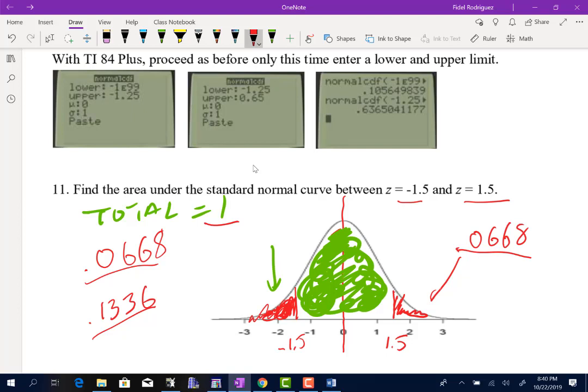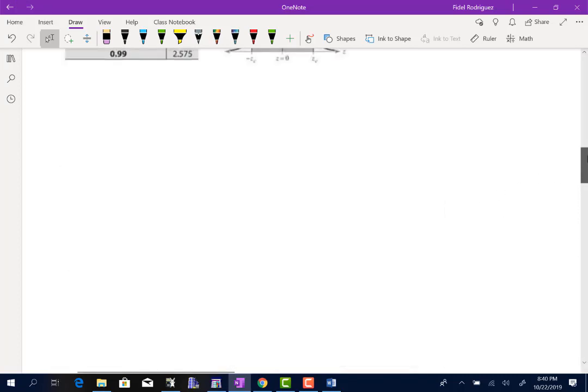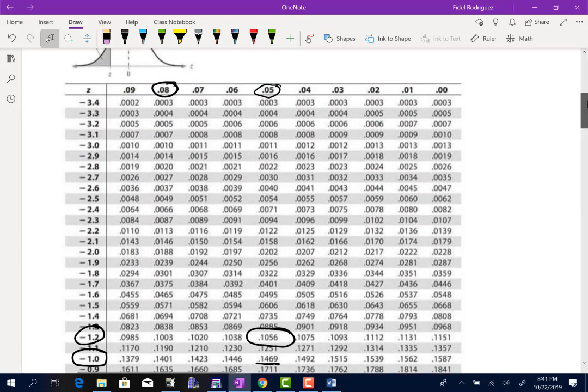How did you get the 0.0668? So I had asked somebody, did anybody use their table, right? Did anybody go to the table here and go to the negative 1.5? That's right. So we're looking at, see, here's the negative 1.5. And do you see how this is the 0, 0?